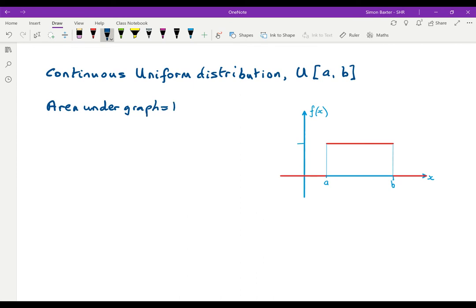The width from A to B is B minus A, and therefore the height is going to be f of x, little f of x, and that is going to be 1 over B minus A. So the number I'm going to put on the axis is 1 over B minus A.